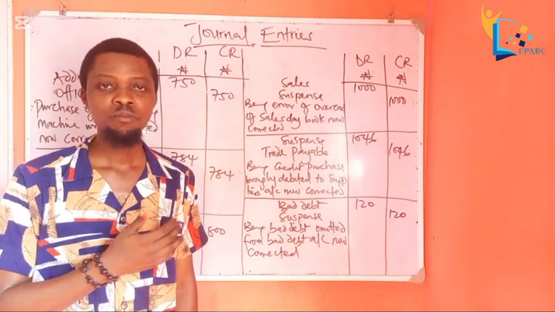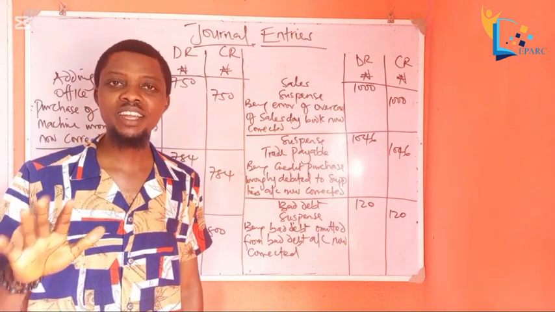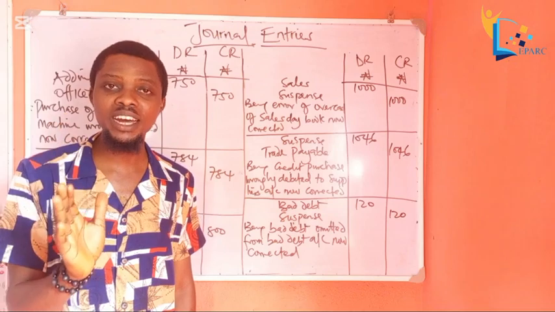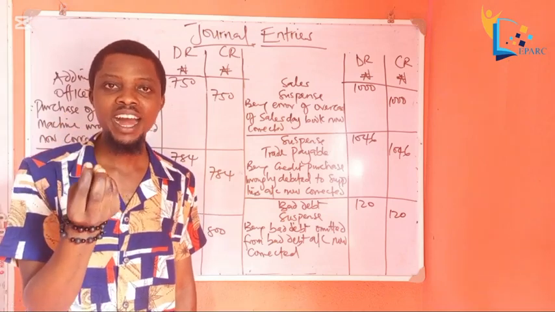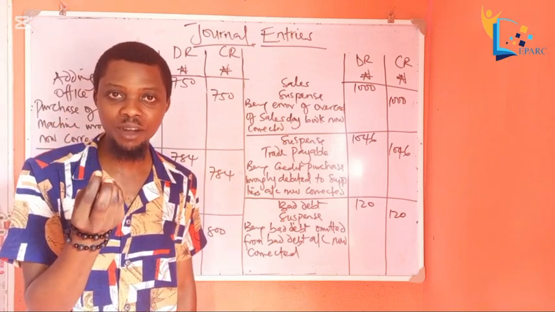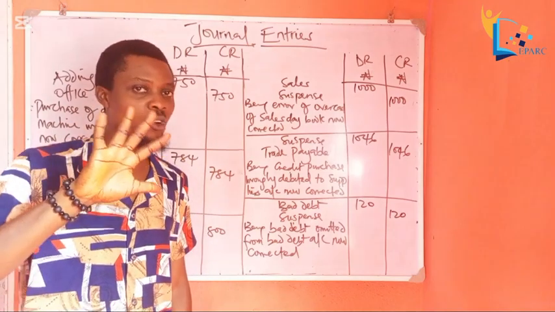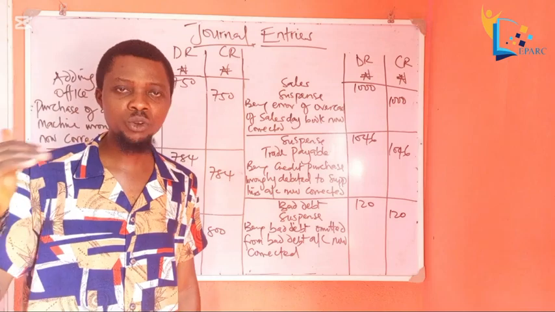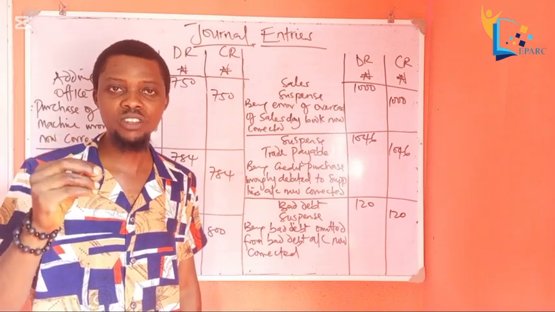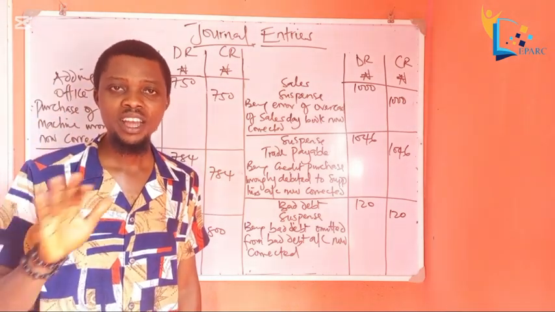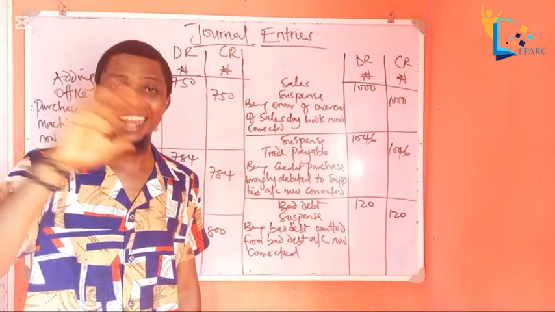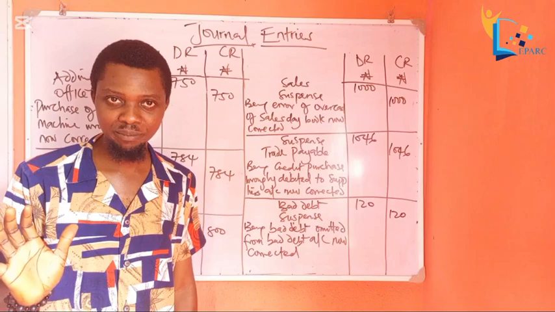So in this final part, basically what we're going to be looking at is the journal and the suspense account. In part 2 and part 3, we took time to correct those errors. We analyzed those errors and corrected them.